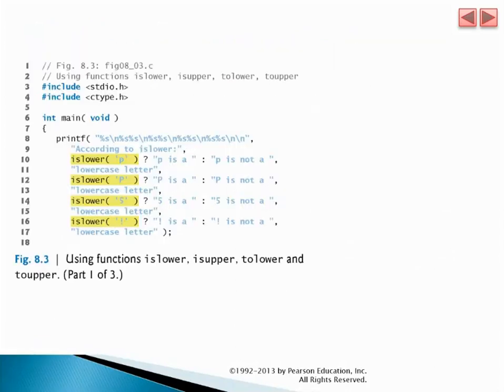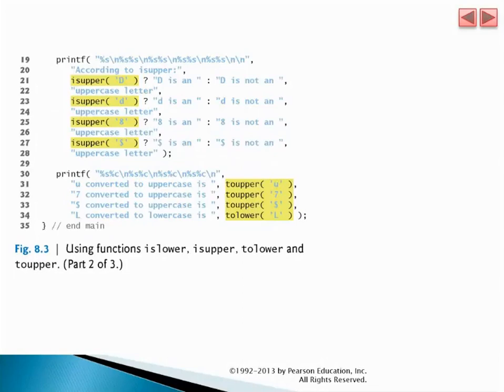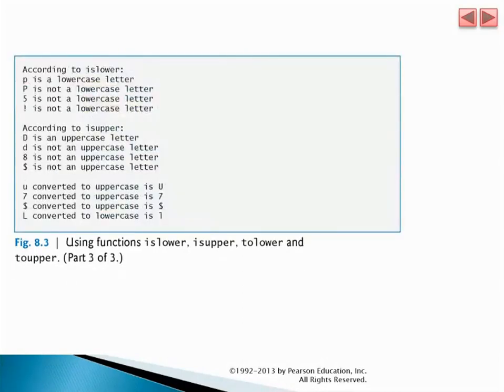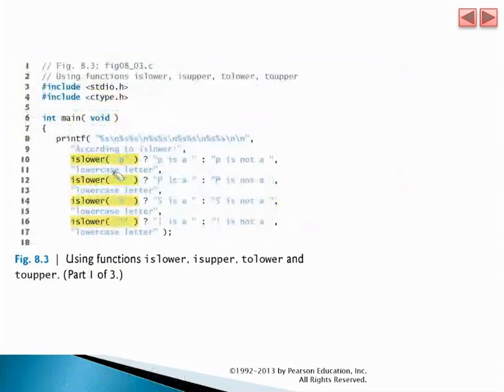All right, let's see the example. So according to is lower, small p is lower, so this will return true, but this will return false. Okay, let's see the output. Small p is a lowercase letter, capital P is not a lowercase letter. Right. Now, what is the output of this?